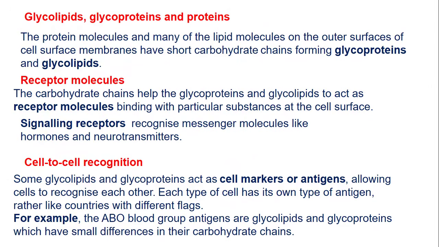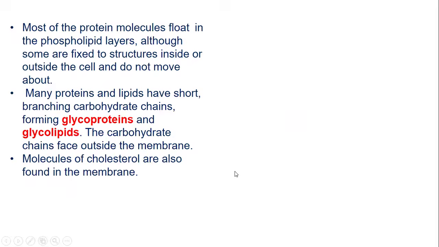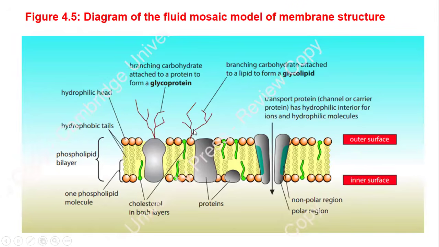One of the other uses of the glycolipids and the glycoproteins is that they are used in cell to cell recognition. They act as antigens, they act as cell markers. What does that mean? I'll refer you back to this diagram.